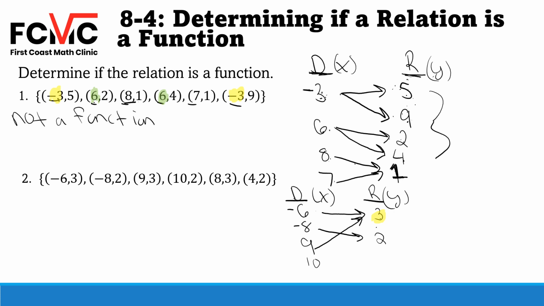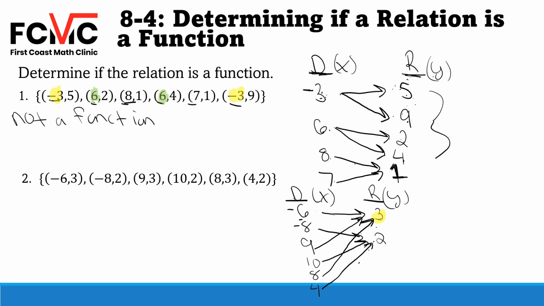Now we've got 10 is paired with 2. So same thing, that 2 is paired with 2 values, still okay. We've got 8, which is paired with 3. Now 3 is paired with 1, 2, 3 values, still a function. And we've got 4, which is paired with 2. 2 is not paired with 1, 2, 3 values.